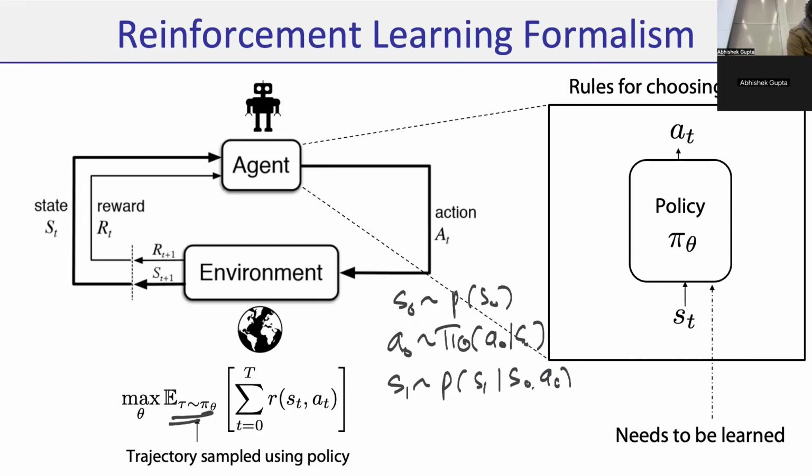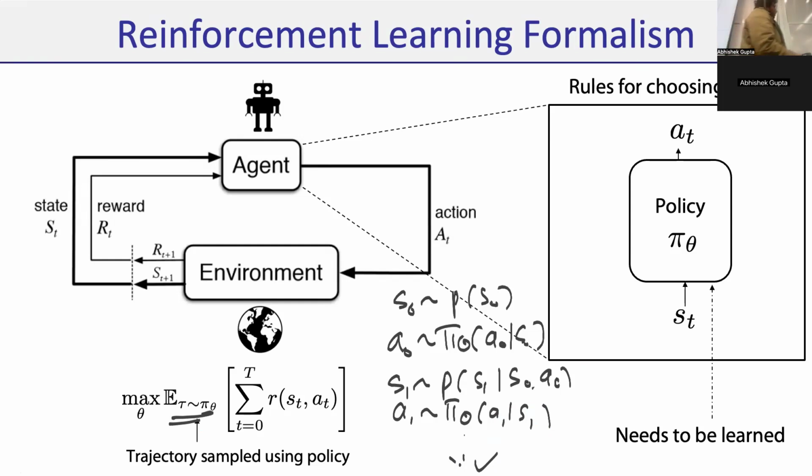Now I'm at S_1 and I sample an A_1 from pi theta, and then I repeat, right? You can think of this as a sequential sampling problem. You start from S_0, get A_0, you get S_1, you get A_1, and so on.